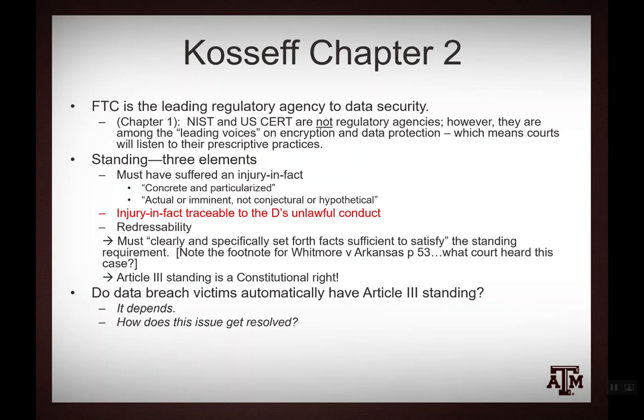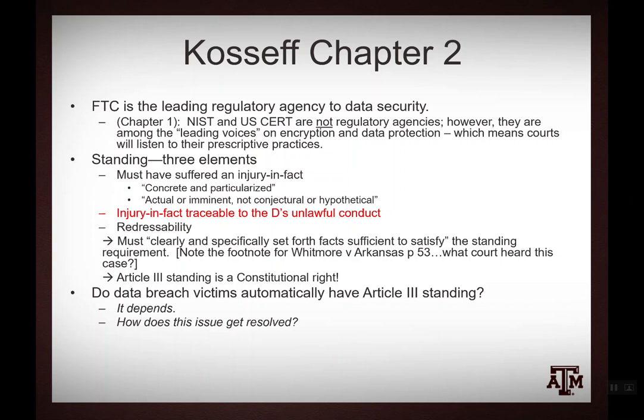So you have to have actual imminent injury, not something like, well, I think it may get stolen. And so you actually have a split in the circuits, with some saying you have to have your data stolen to fulfill this prong, and others saying just the threat that your data can be stolen is actual injury.